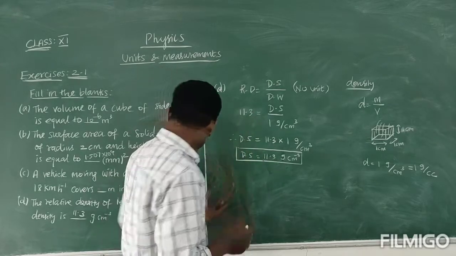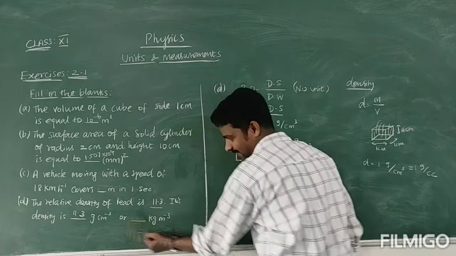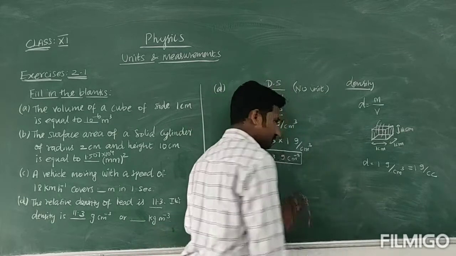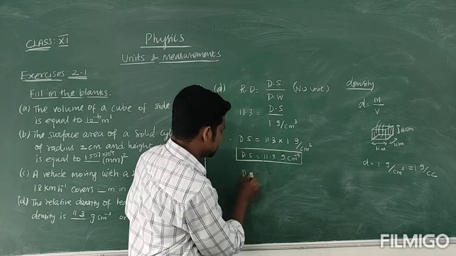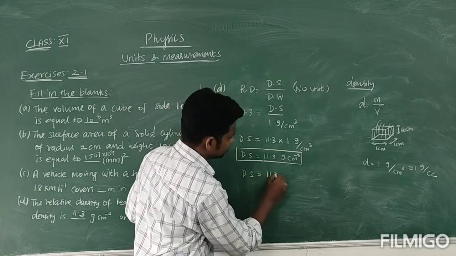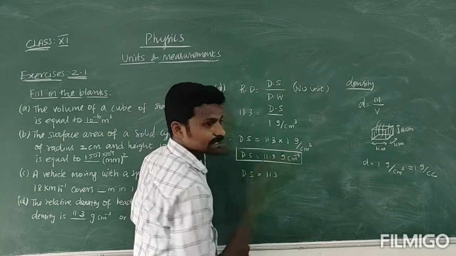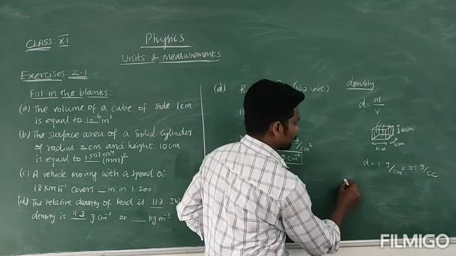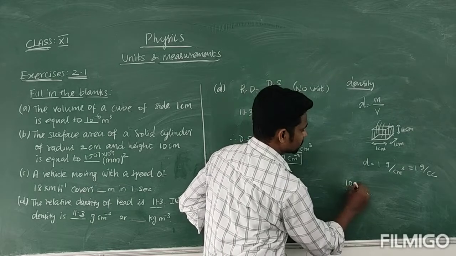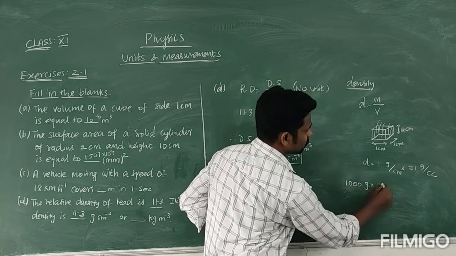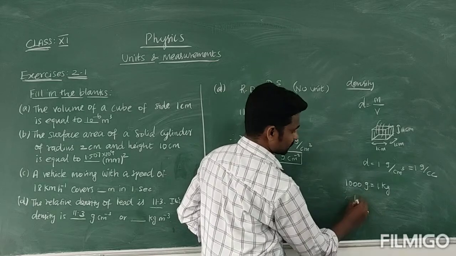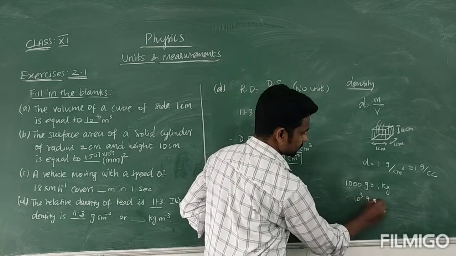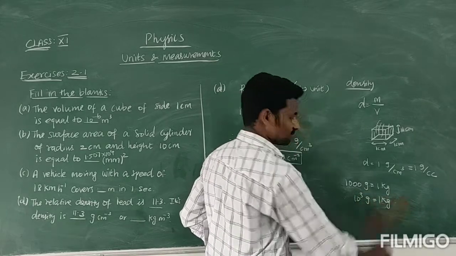Yes. Then the second one they are asking in kilogram per meter cube. You should convert. So we know that, see that density of substance is equal to 11.3 gram per centimeter cube. So we know that 1000 gram is equal to 1 kilogram. 1000 gram means 10 power 3 gram is equal to 1 kilogram.